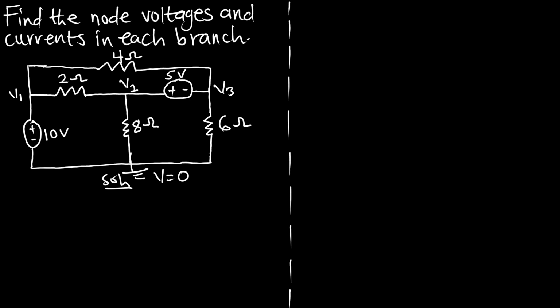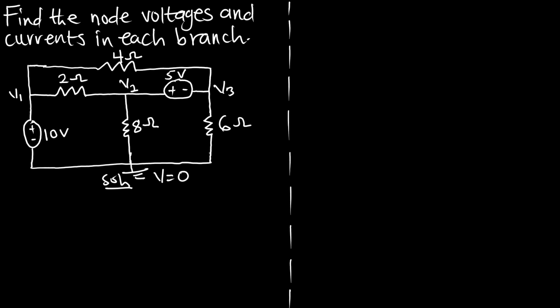You can see that there is a voltage source here, and there is also one voltage source here. Both rules are going to be applied in this example. Now, we have to assign currents so that we can apply our KCL with the current directions.